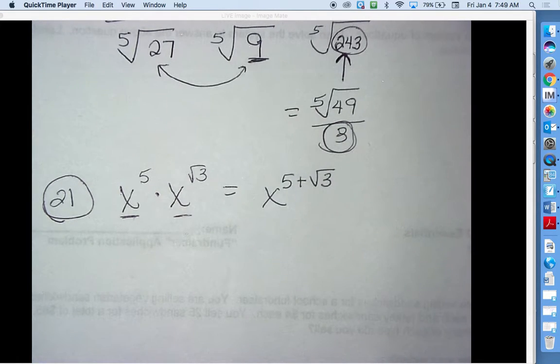Joel, I'm betting you thought it was much more difficult than that because all the other problems were a couple extra steps. That's the only thing you can do with that problem. You can't actually add 5 and the square root of 3 together. I don't want you to make it a decimal because we don't want to have decimal values. But the property, because you're multiplying, you're adding the exponents, but there really isn't anything to do when you're adding them besides put the plus sign in there. So that's as far as that one can go. You can't do anything else with it.